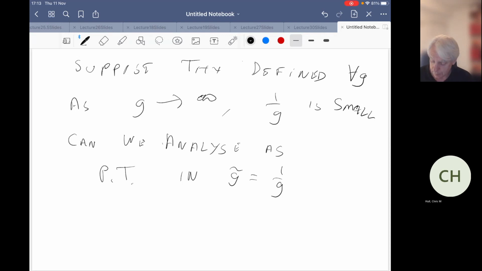And so this would lead to a dual theory. And so the strongly coupled behavior of the original theory is then described as a perturbation theory of the dual theory.